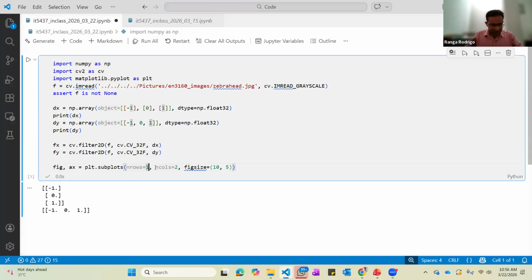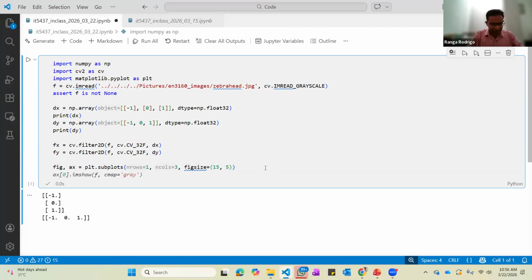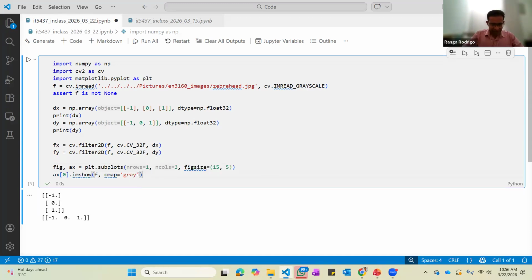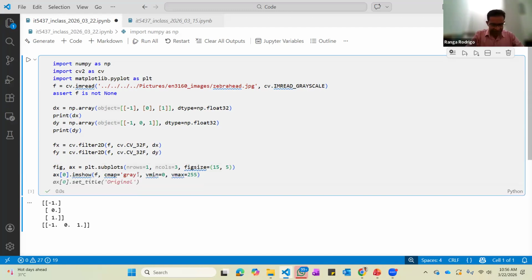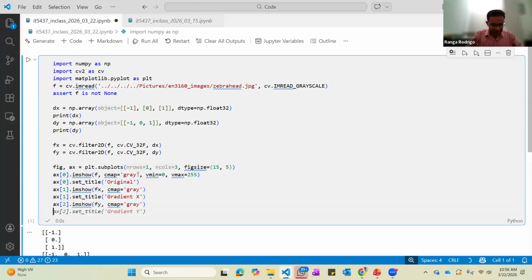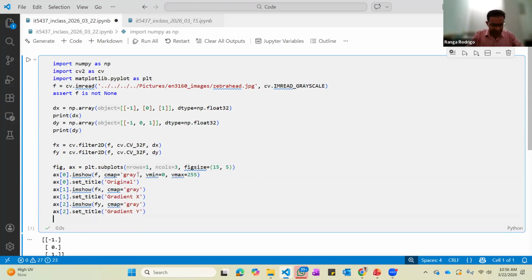And in ax0, I will show the original one. Remember, we have to give vmin and vmax, right? That's the original image, and then fx with plt.imshow.